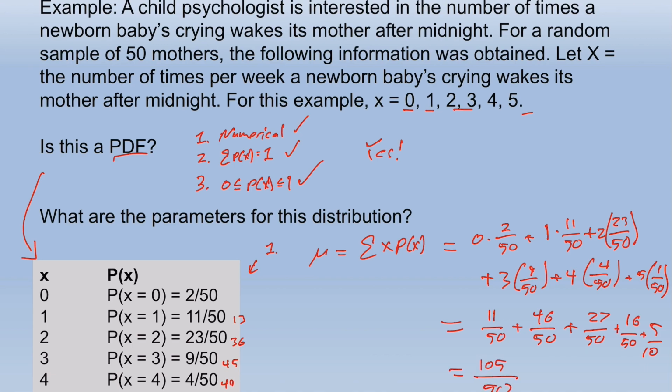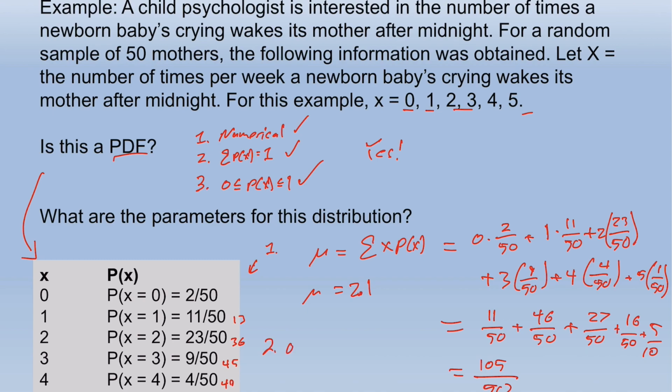So that's 105 over 50, which is 2.1. So on average, if this is a representative sample, we would expect a mother with a newborn baby to be woken up 2.1 times per week. All right, so that's mu.